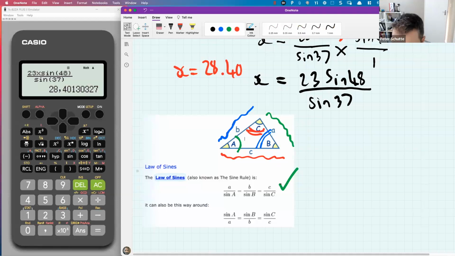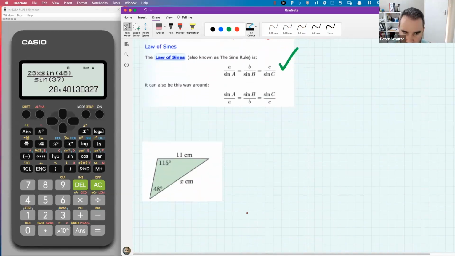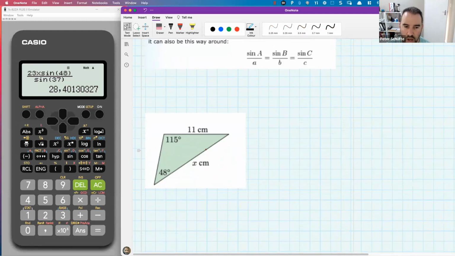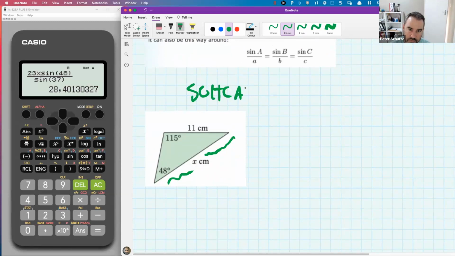So I'm going to show you this again because I think we need to do quite a few of these. So let's try and talk about this one over here. I want you to think about, if I look at solving this triangle, the unknown side is this x over here. I can't use normal SOHCAHTOA trigonometry because I don't have a 90-degree angle.